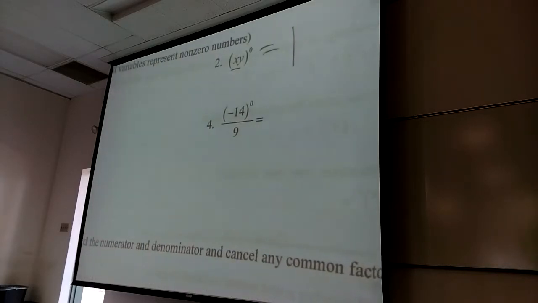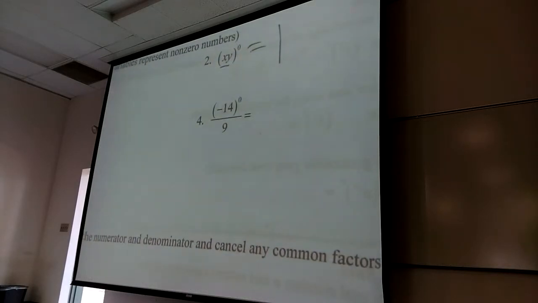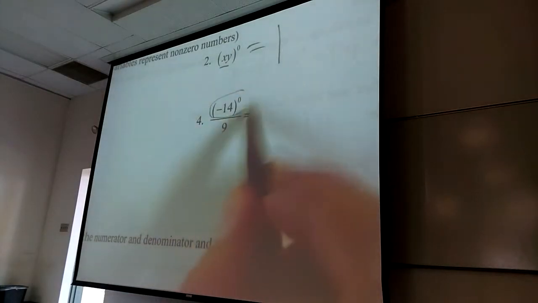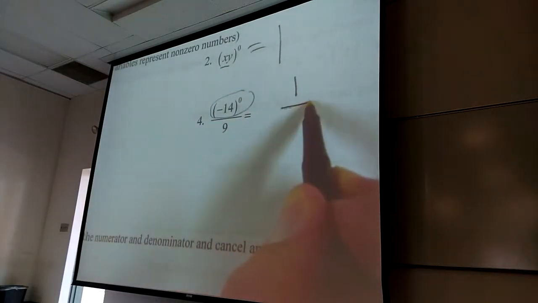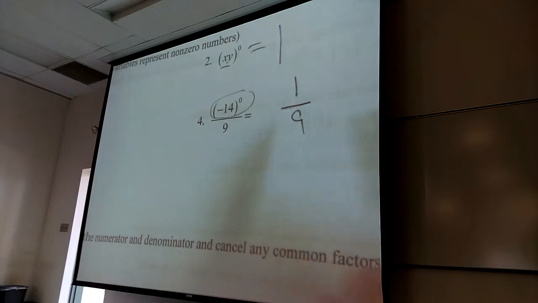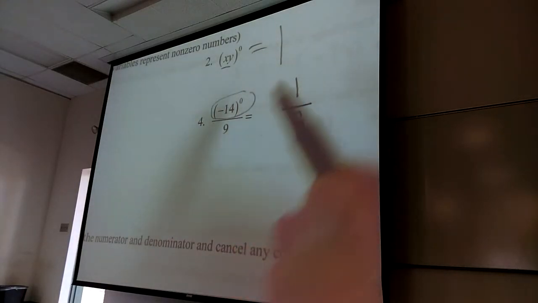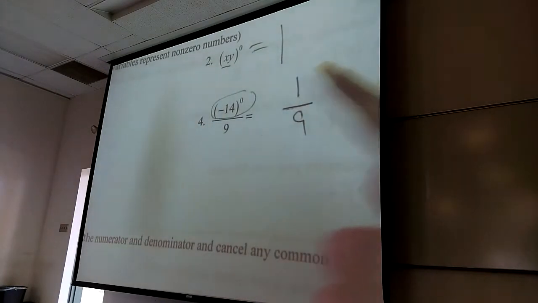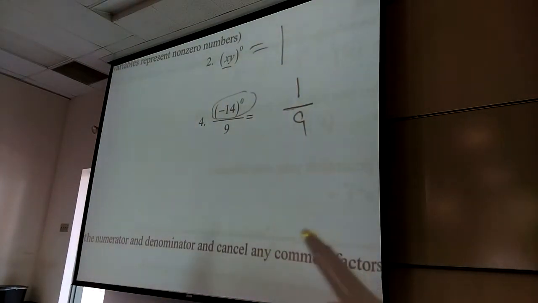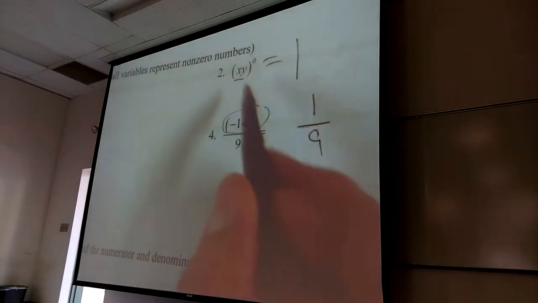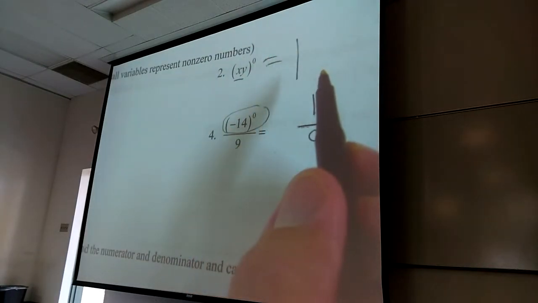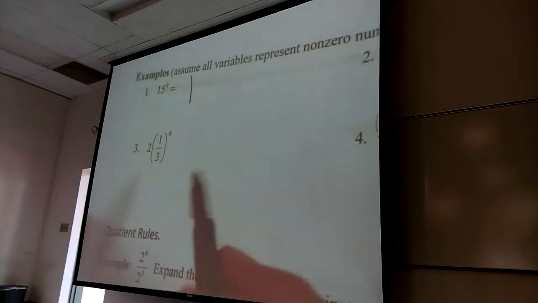Look at number 4 though. The top becomes what? That's crazy. And the bottom, it's just a 9 still. Why doesn't the 9 become a 1? Because the 9 is not raised to a 0 power. So why would it do that? 5 and 1. What's anything to the 0 power?